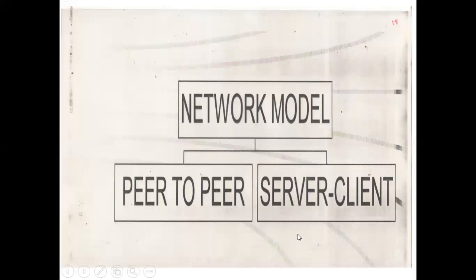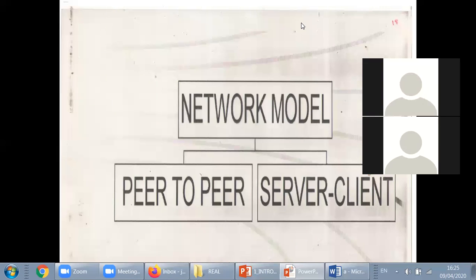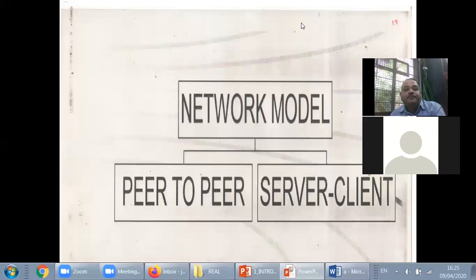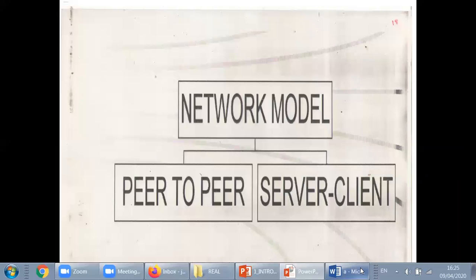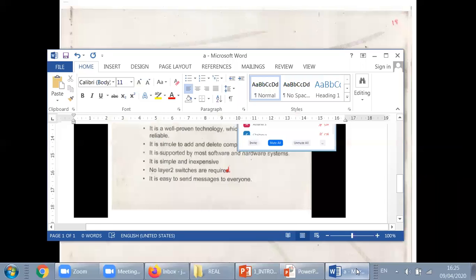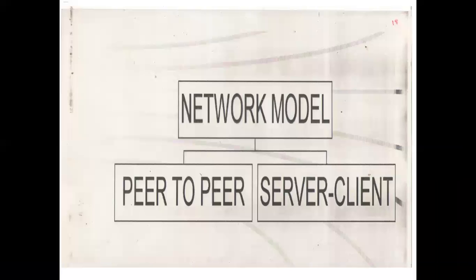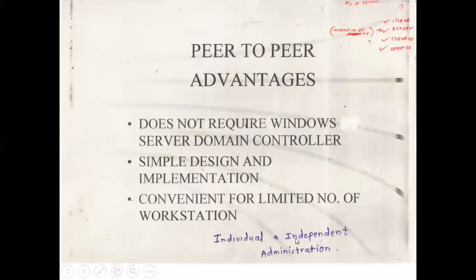Please keep this in your mind. It should be either part of a peer-to-peer based network or part of a server client based network. This is very, very important. So now let us start with the peer-to-peer network model and the server client network model.